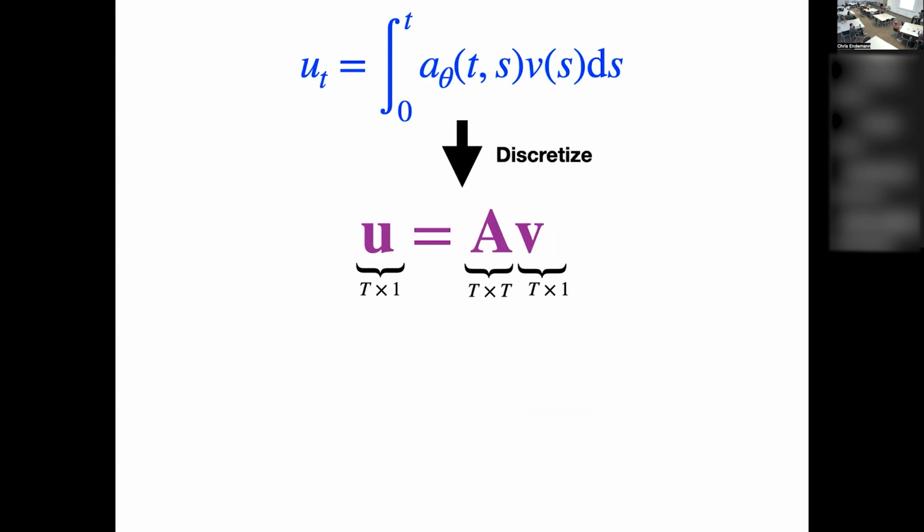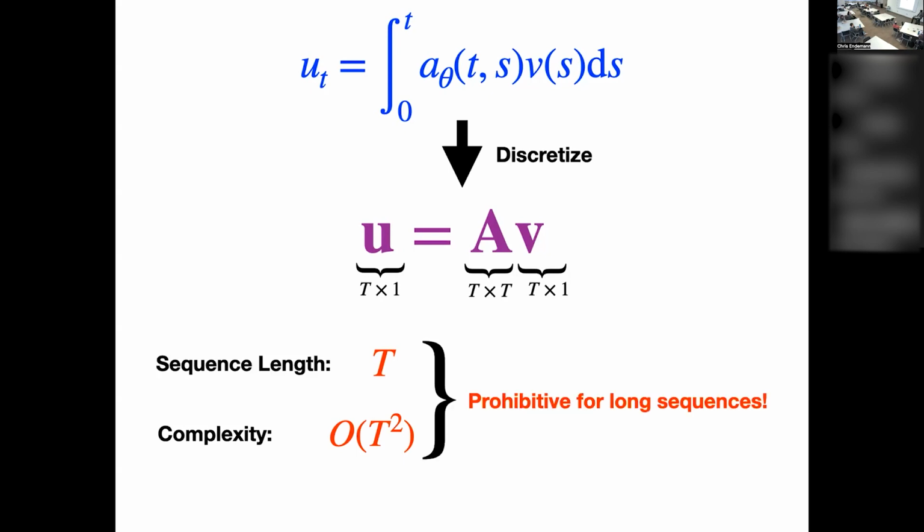We just use discretization to go from the integral transform to a matrix vector product. All of this is good unless you want to look into long sequences. You would imagine if the sequence length is really long, these matrix vector products are prohibitive because of the squared complexity.